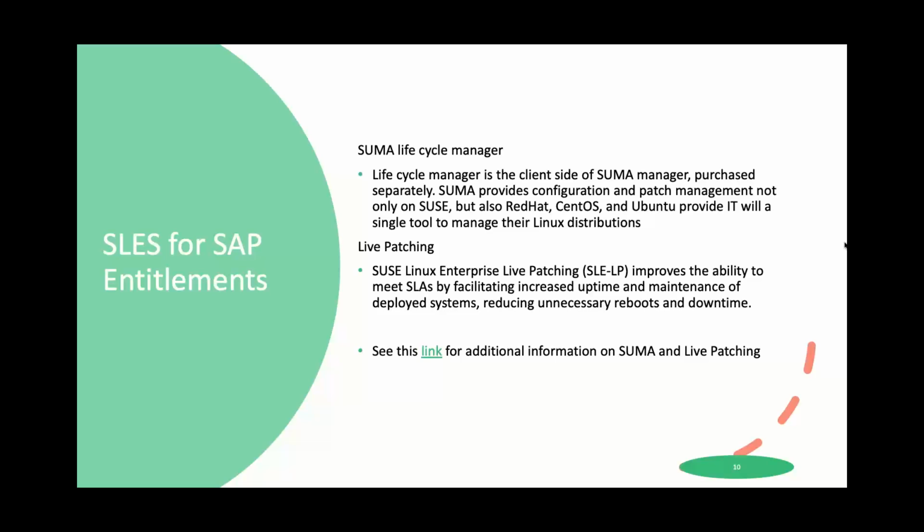Now, the great thing with SUMA is it does an awesome job on SLES and SLES for SAP, but it also manages Red Hat, CentOS, Ubuntu, and Oracle, which I forgot to put on there, okay? Then we can bundle this in. You can add on live patching. So live patching can be used with or without SUMA. They are not dependent on each other, but live patching integrates nicely into SUMA. And this gives you a mechanism where you can deploy patches and not have to reboot your servers, okay?